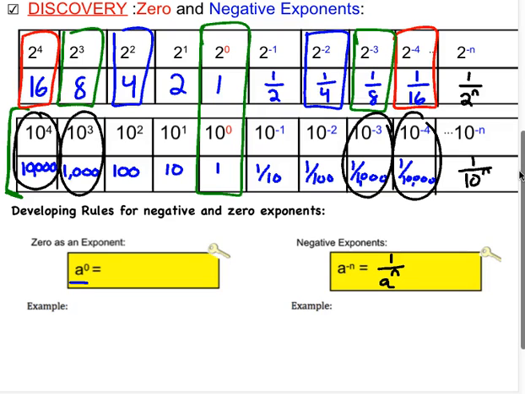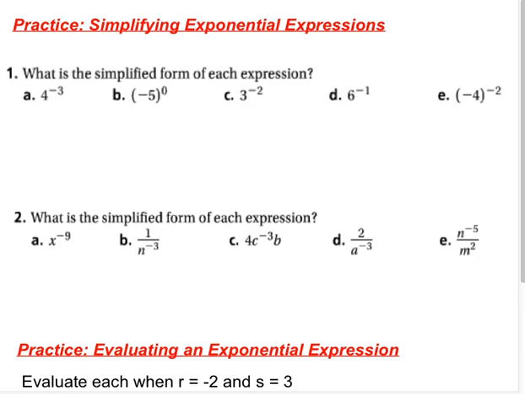So this is actually a very interesting rule, that quite literally anything to the 0 power is simply going to equal the number 1, okay? Really easy rule. Just make sure you know that that is the number 1, okay? So now that we've done some discovering of these properties, let's go and practice them, okay?